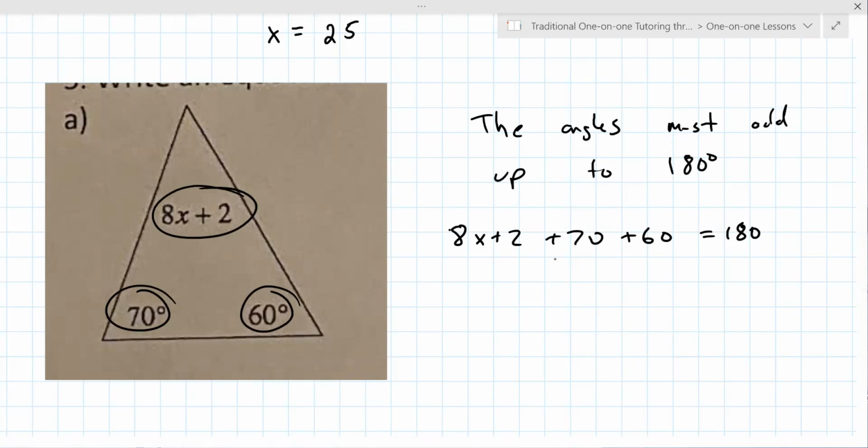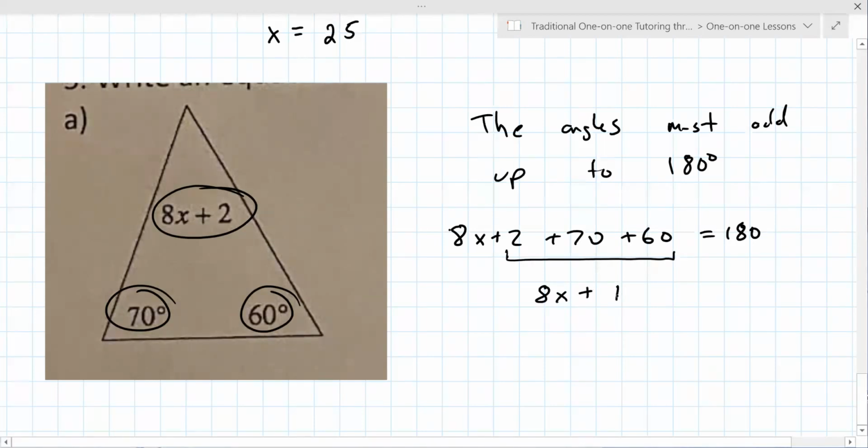Okay, so you combine like terms first. 8x plus 132 equals 180.